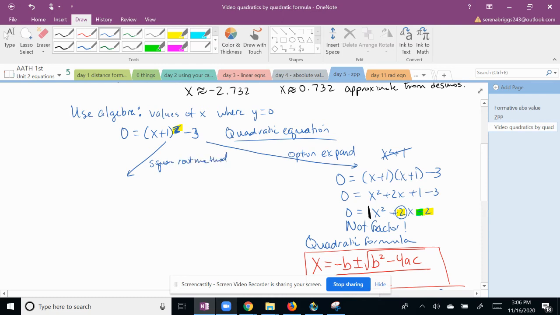Instead of isolating and getting equals 0 all the way through to use the quadratic formula, I can add 3 to both sides of this equation, and I can use my inverse operation and square root both sides.